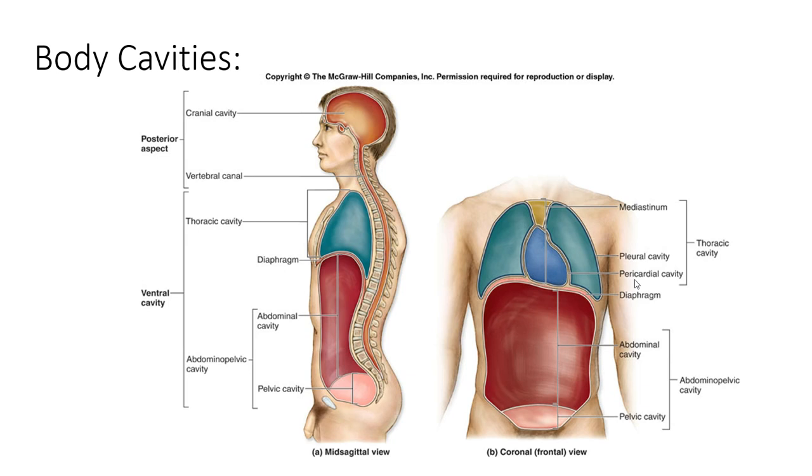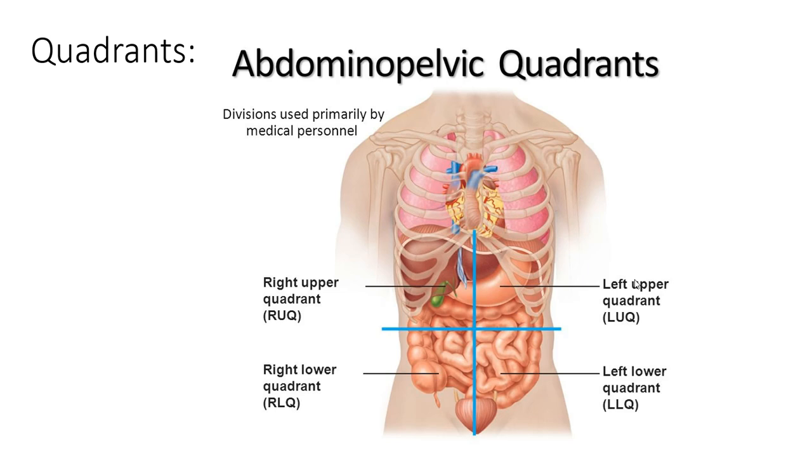We've already reviewed body cavities and their locations. Next, we have our abdominopelvic quadrants. Whenever you're referring to your quadrants, always refer to them as if you're in the anatomical position. You have 4 quadrants. Quad is the prefix for 4.